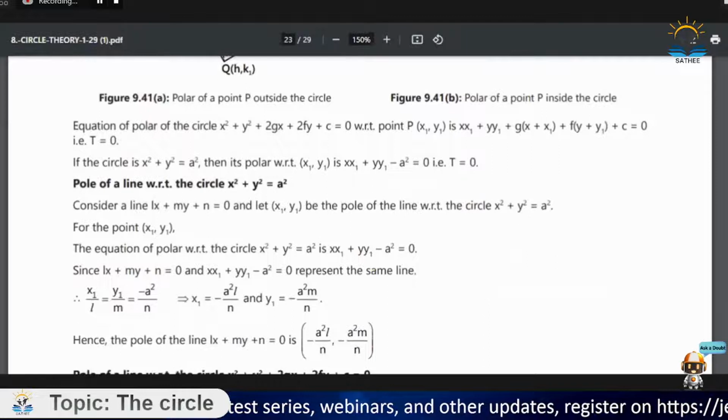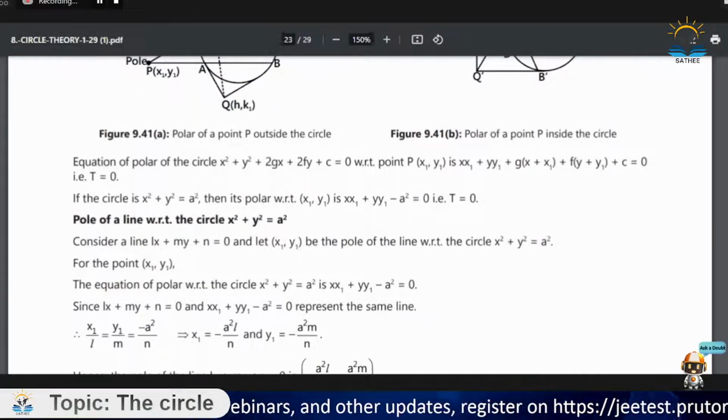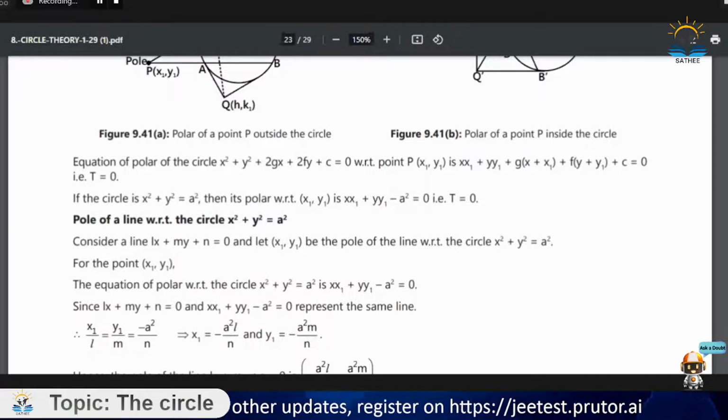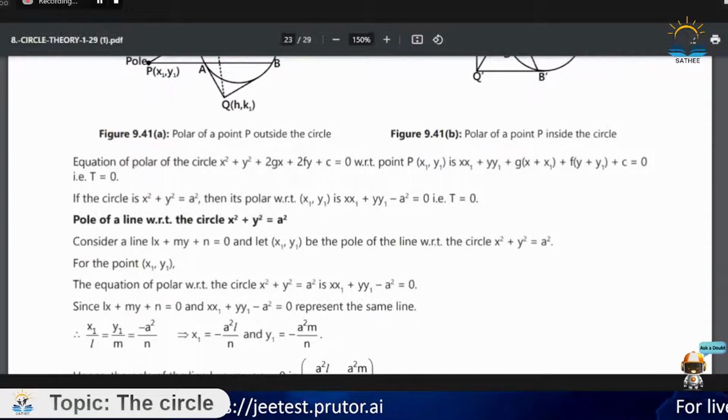Now let us see the equation of the polar of the circle. Suppose we have been given a circle x square plus y square plus 2gx plus 2fy plus c is equal to 0. With respect to point P x1 comma y1, the polar's equation is x x1 plus y y1 plus g times x plus x1 plus f times y plus y1 plus c is equal to 0.